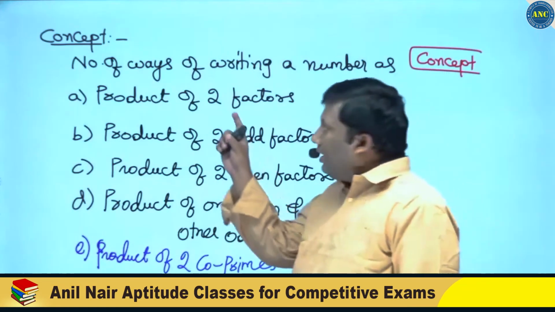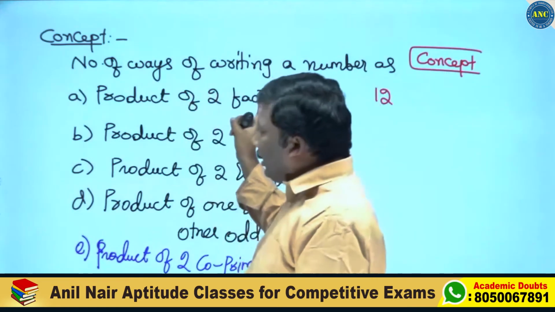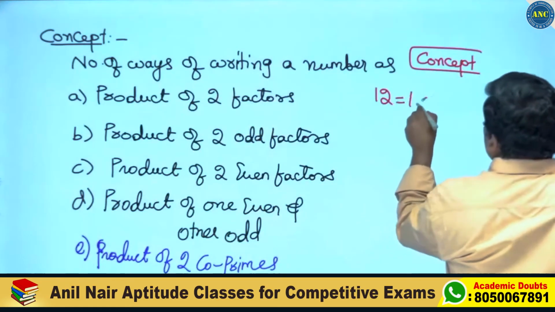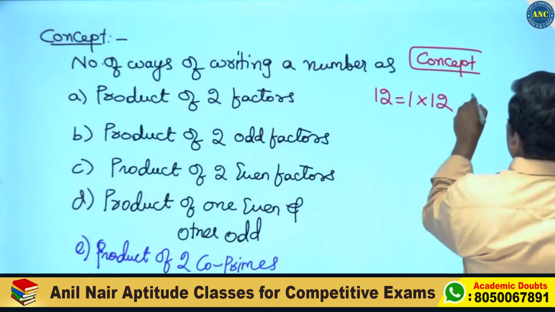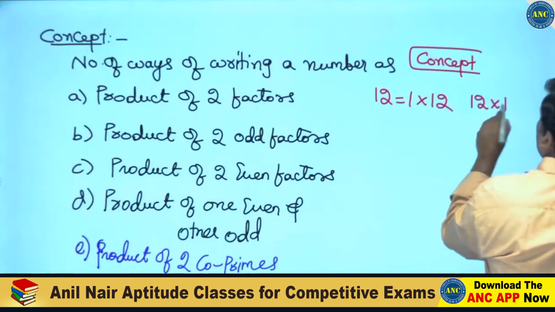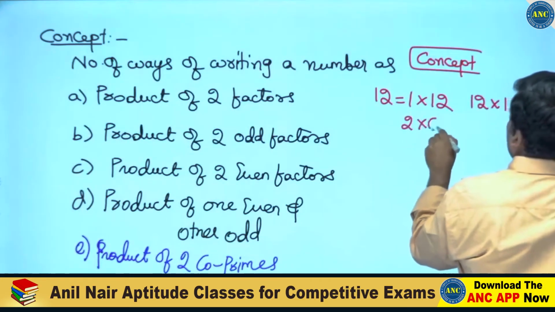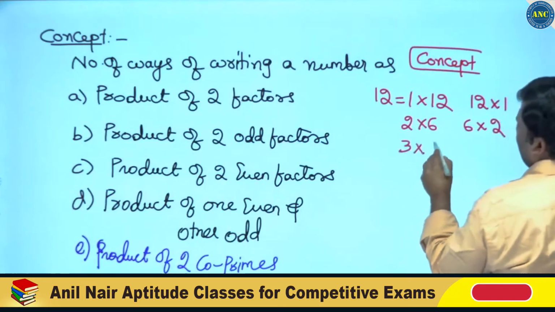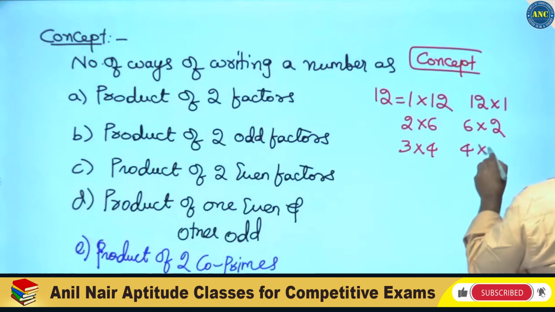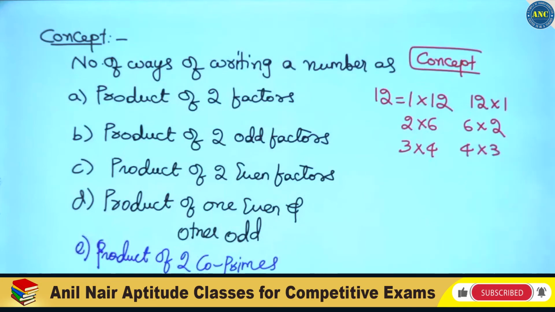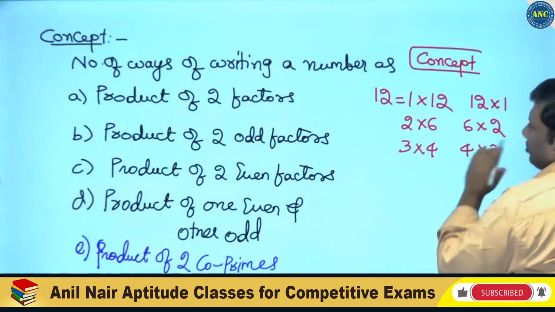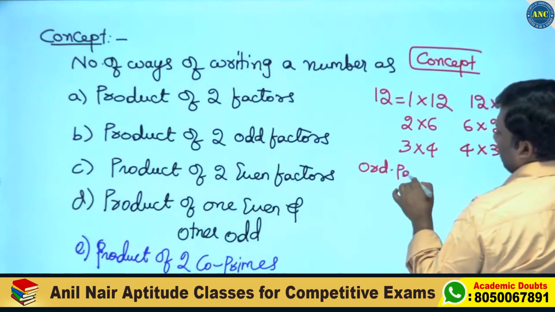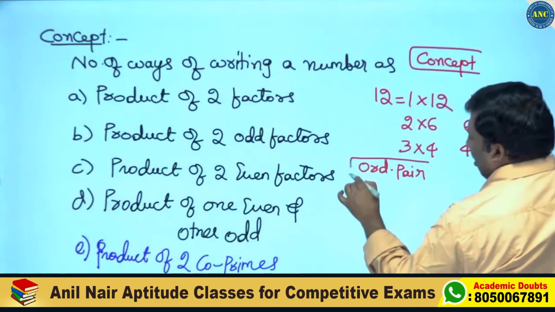Read the statement here: number of ways of writing a number as a product of 2 factors. 12 can be written as 1 into 12 or 12 into 1, 2 into 6 or 6 into 2, 3 into 4 or 4 into 3. So reverse also I am writing. That case is called an ordered pair.